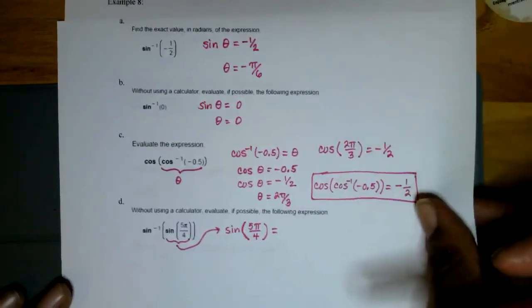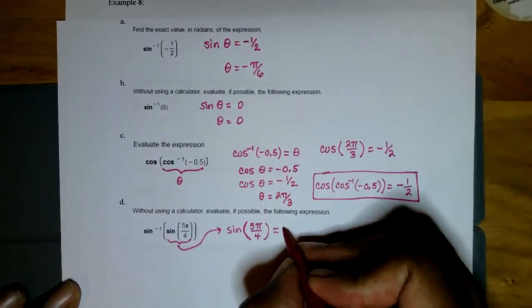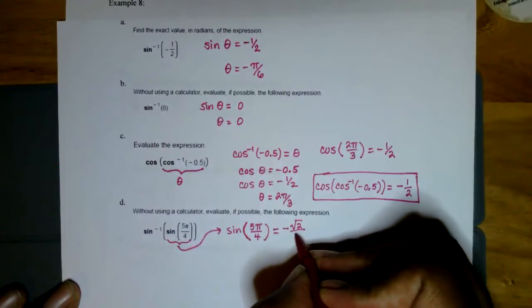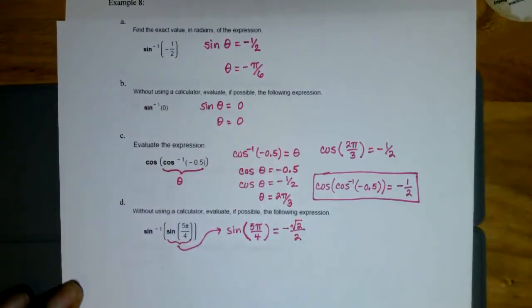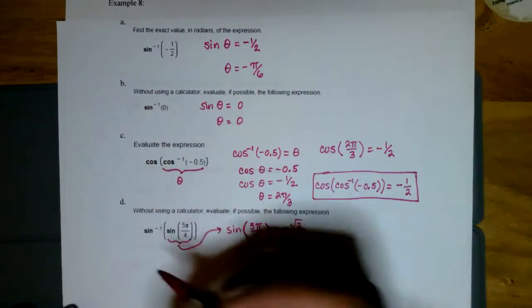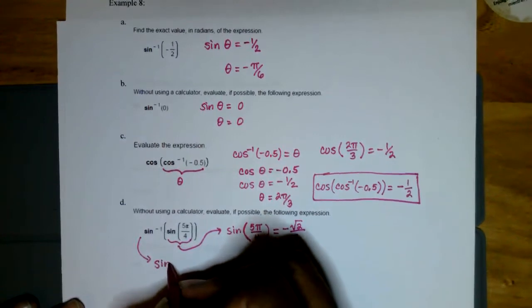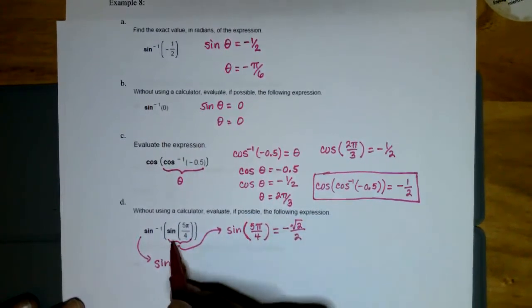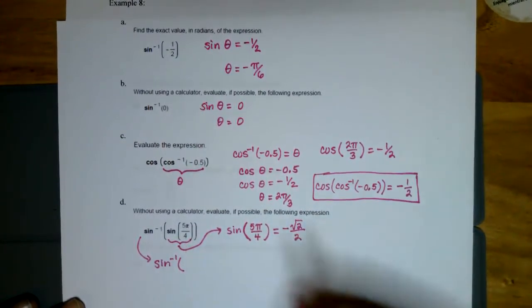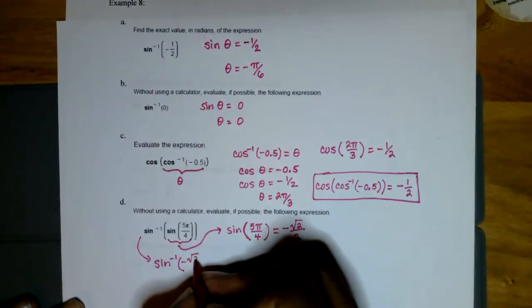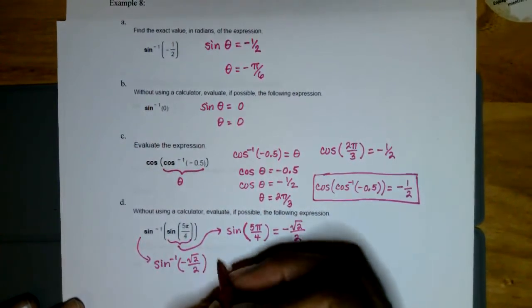Okay, so the sine of 5 pi over 4 would be negative square root of 2 over 2. Okay, so from here, I'm going to do the inverse sine, bring that down. And the sine of 5 pi over 4 came out to be negative square root of 2 over 2.